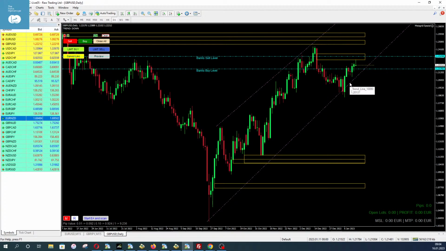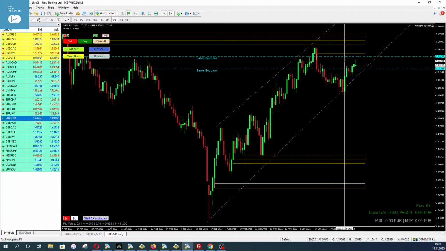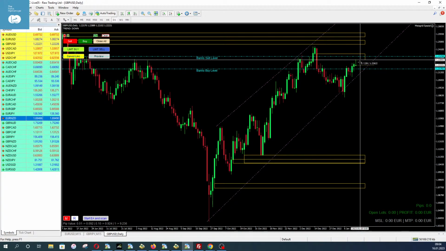These zones are displayed by the MetaGrid supply and demand indicator. And if you had traded this box, so far we are at 60 pips in profit on the cable, which gave a really nice trading opportunity and an exact sniper entry, like I like to say, when I see such a perfect reaction.